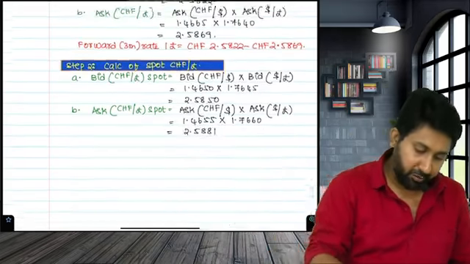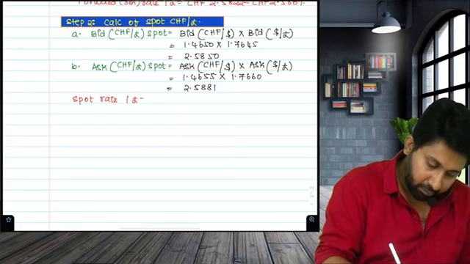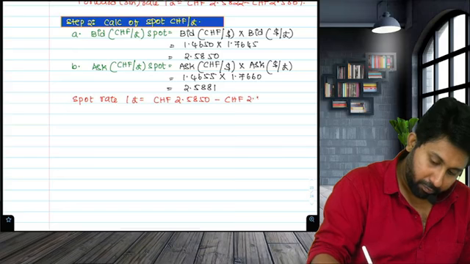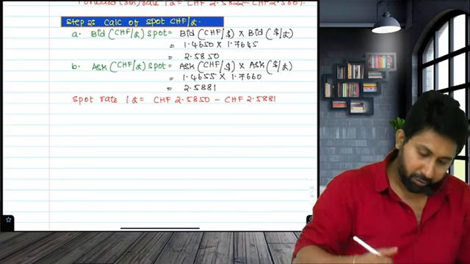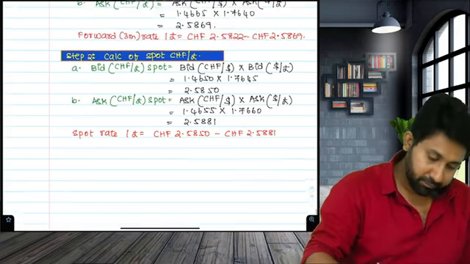Therefore, final quotation, spot rate: 2.5850 dash 2.5881. Now the last step, calculation of swap points.